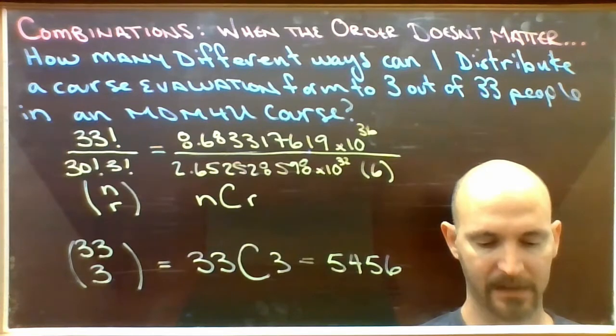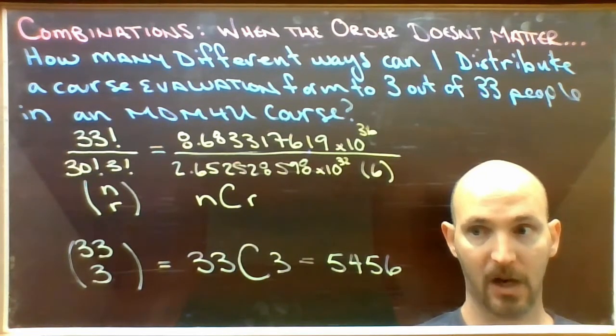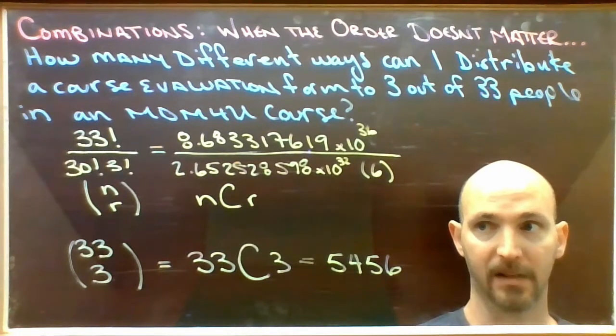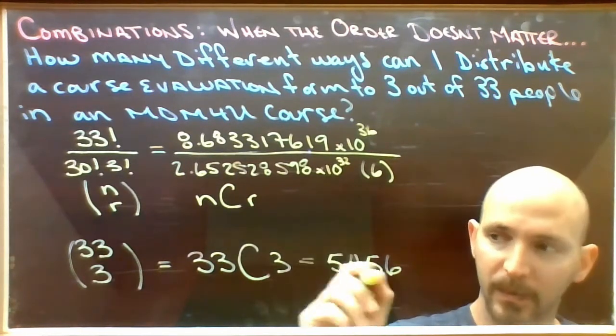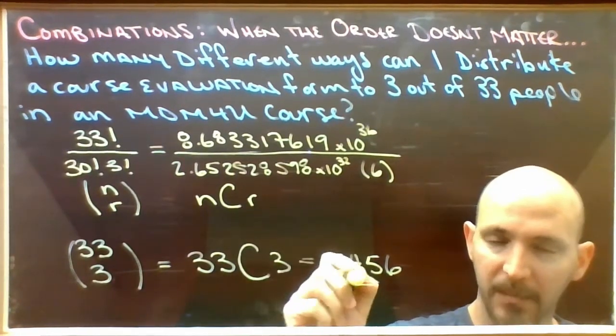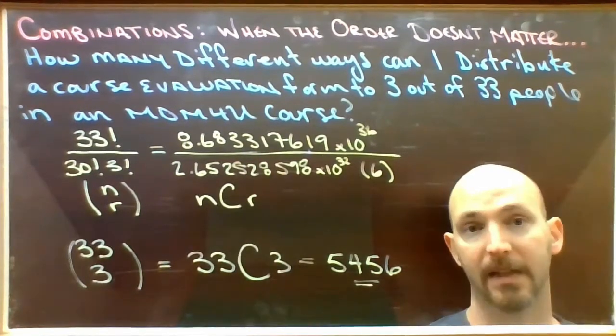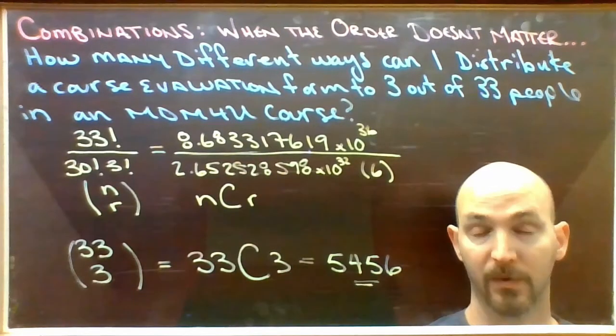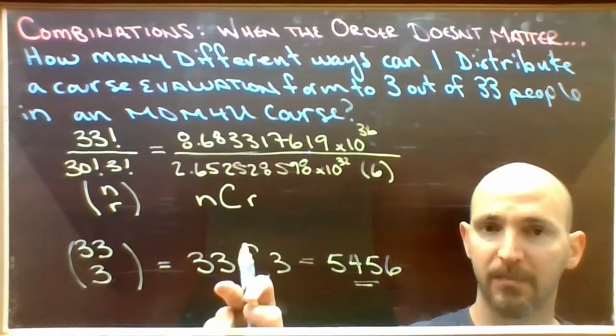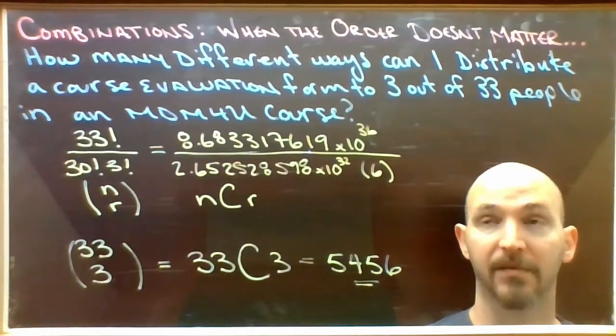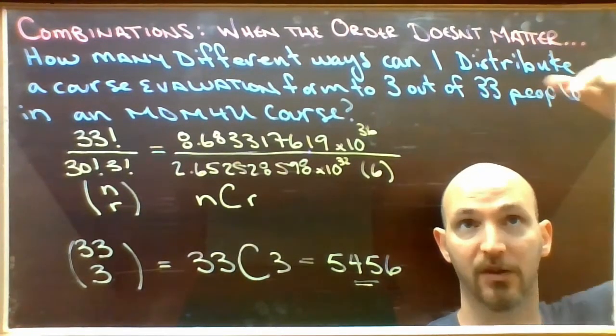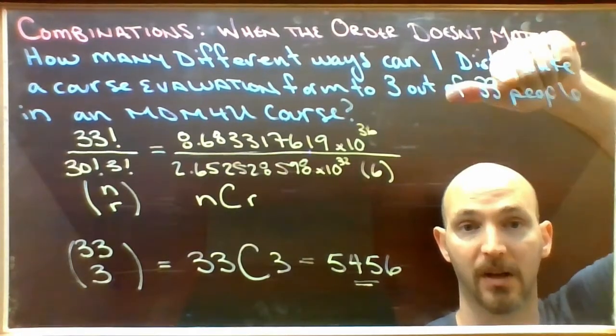Divided by 6 is awfully close to 5456. So this notation got me there without having to render any things in scientific notation, which is handy. If you can find this button, this is a good one to have, especially if we start doing choose problems out of very large numbers.